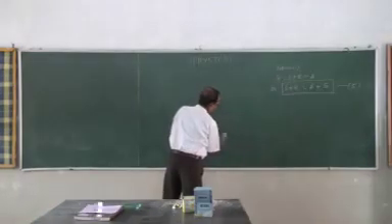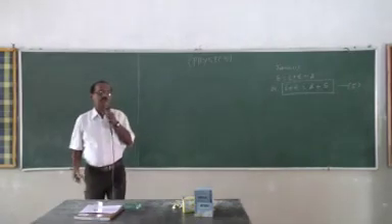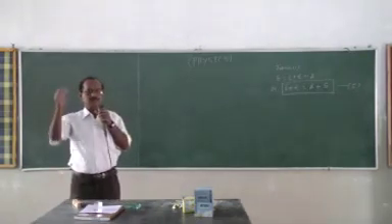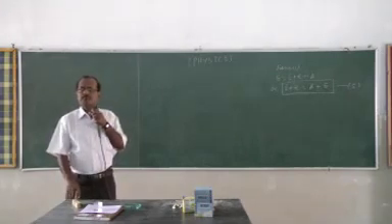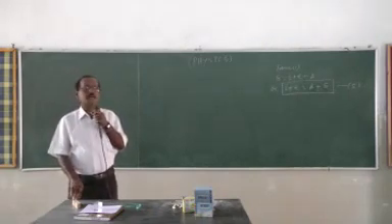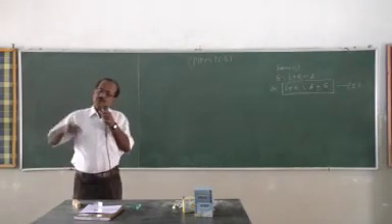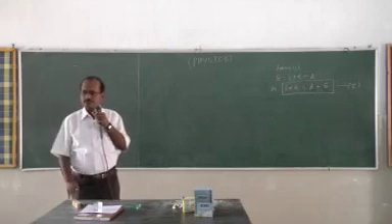Now, as the angle of incidence increases initially, the angle of deviation will decrease to the minimum. And with further increase of the angle of incidence, the angle of deviation will start increasing.